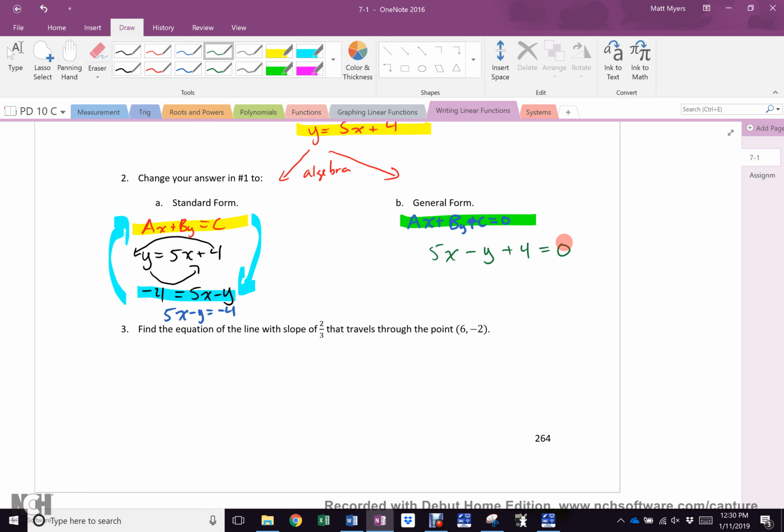Or point slope. That is y minus y1 equals m(x minus x1). And where does the point that we know go? Does it go for y1, x1, or m? The point that we know.